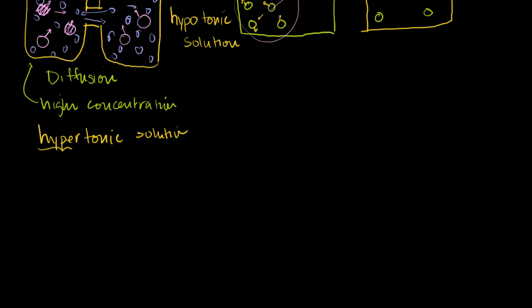Let's just say we have an outside environment that has a bunch of water. This is the outside environment. And then you have some type of membrane here. That's a membrane. Water can go in and out of this membrane. So it's semi-permeable. Well, it's permeable to water, but the solute cannot go through the membrane.